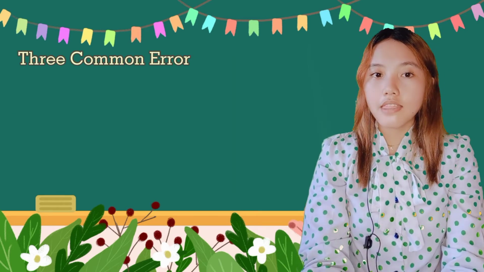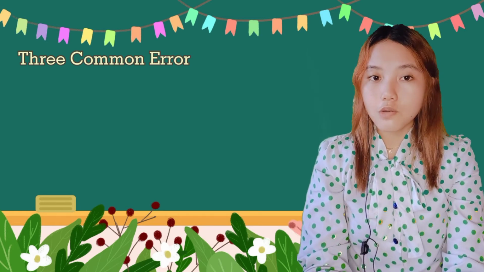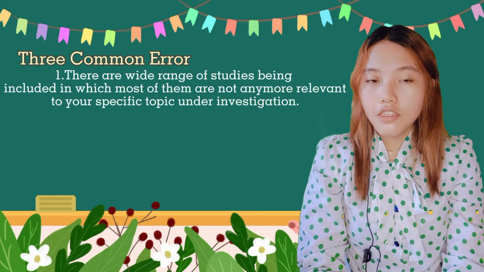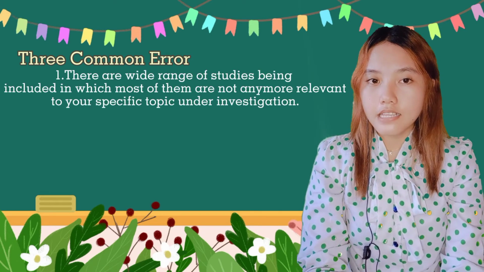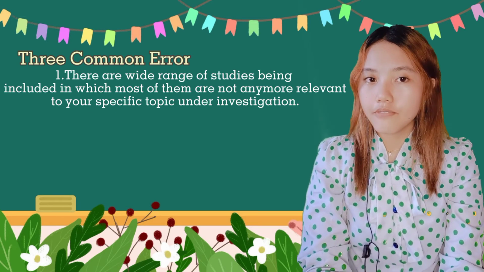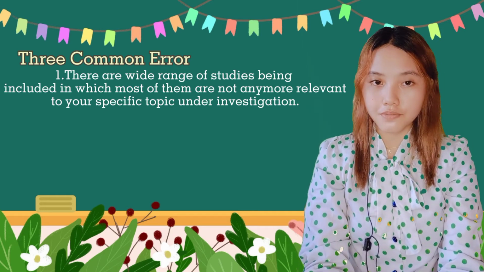However, there are also 3 common errors that are usually made when including literature reviews in the discussion of the study. First, a wide range of studies is included, most of which are no longer relevant to your specific topic under investigation.